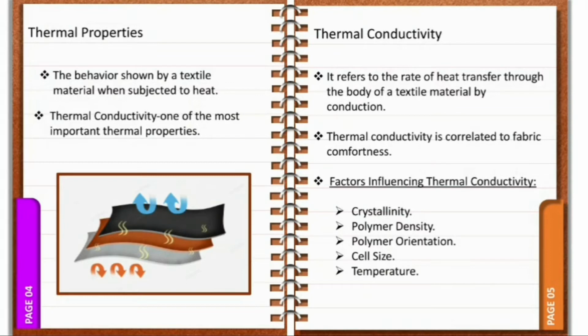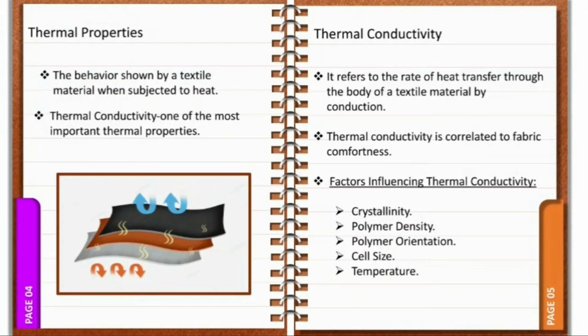Temperature decreases thermal conductivity of the crystalline polymers. We know thermal conductivity increases with the increase in crystallinity. But if the temperature increases, at that time the thermal conductivity decreases. So these are the factors that affect the thermal conductivity of textile materials.